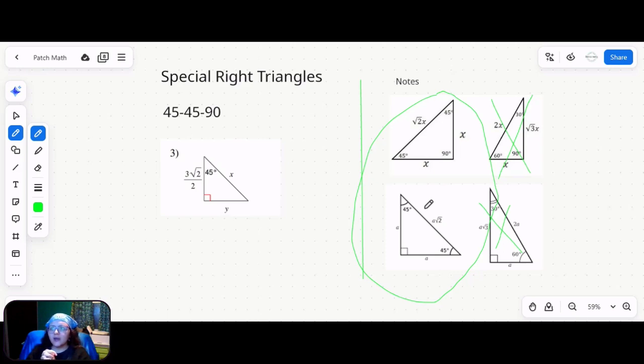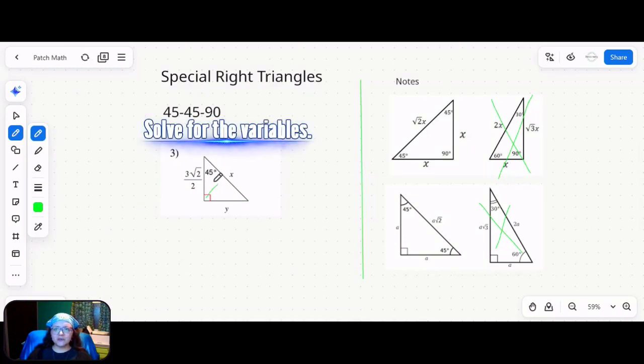One of the reasons I brought up two resources with two different variables is to show you that if your problem gives you an x, it's going to be really confusing if we use the x version of this formula. Why? Well, I'll show you. In this figure, they labeled the hypotenuse x, and we're trying to find x.